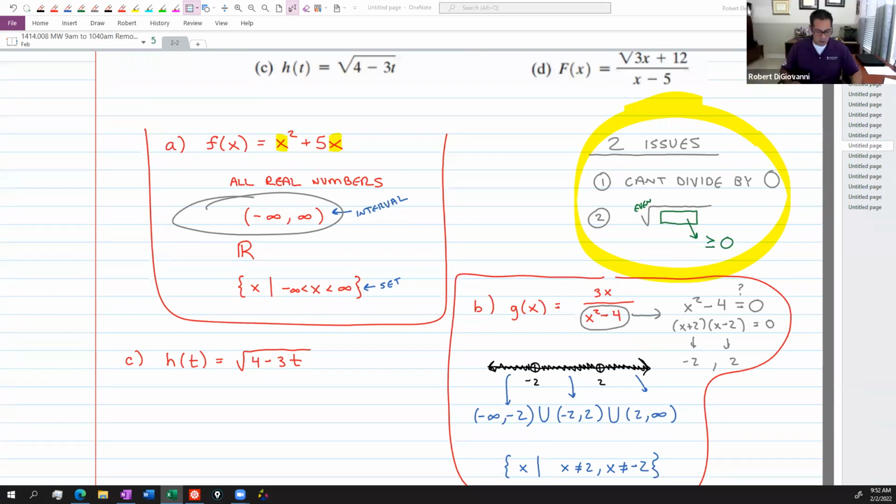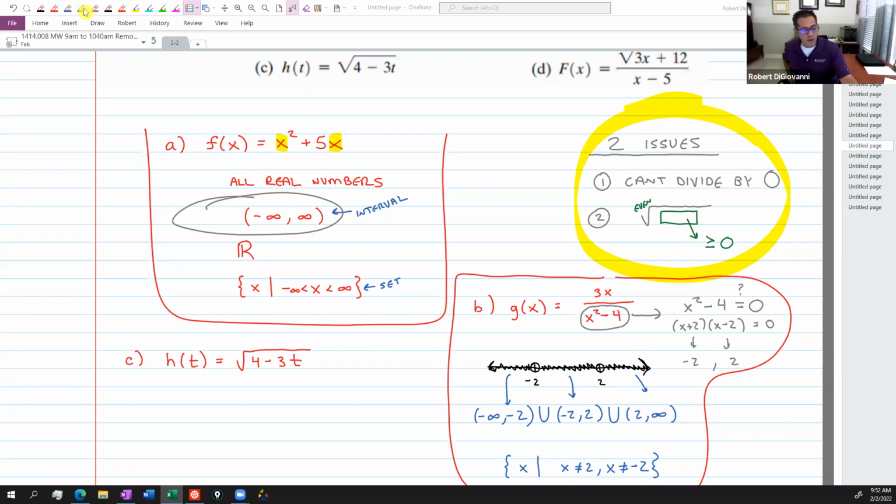Good. So looking at this function h, any issues you see? Square root. Yeah, and you cannot have what underneath that square root? Can't take the square root of what? Positive or negative? Negative. You can't take square root of negative, right?